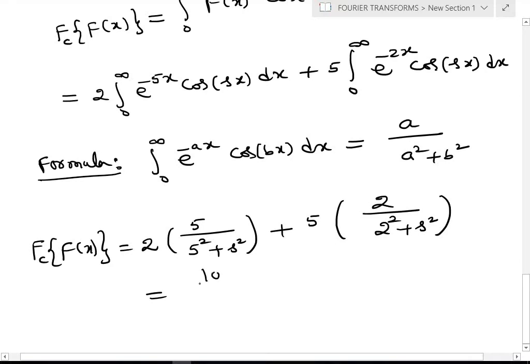That is 10 divided by s square plus 25, plus 10 divided by s square plus 4. This will be the answer.